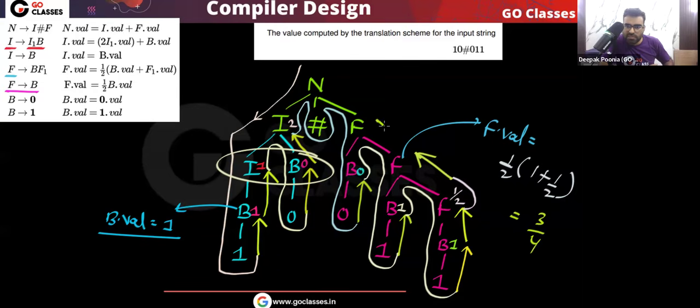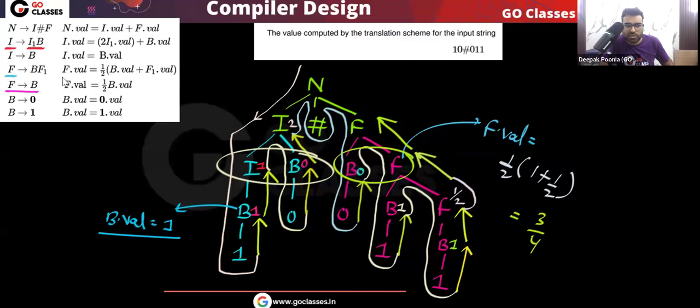We got another reduction. The next reduction we got is this bf reducing to f. So immediately after this reduction we will perform the corresponding semantic action. What will be this f dot value?